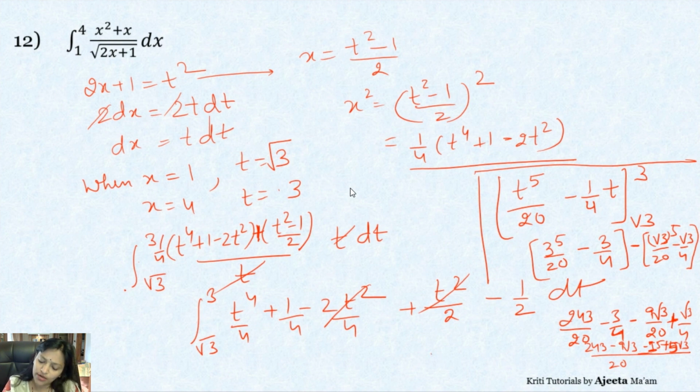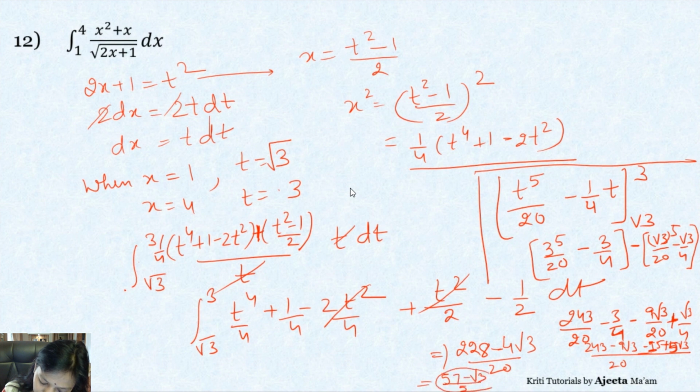So 243 minus 15 will be how much? We get 228 here, minus 4 root 3 upon 20. So if I take 4 common, 57 minus root 3 upon 5. That will be my final answer: 57 minus root 3 upon 5.